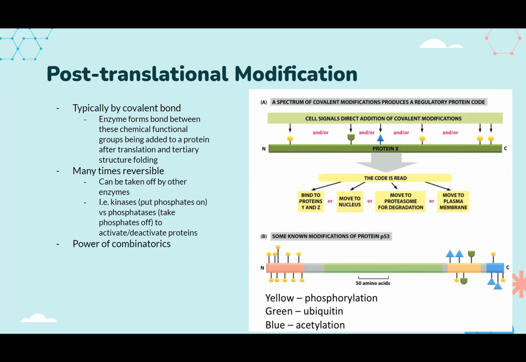And then phosphatases will take off the phosphates, which can either activate or deactivate proteins. This switch mechanism is really key in many proteins, where the kinase can put the phosphate on, phosphatases can take it off, and this can continuously happen in a cycle, like a switch.